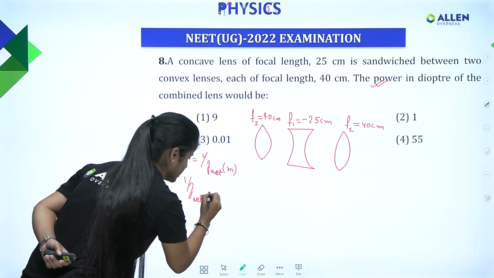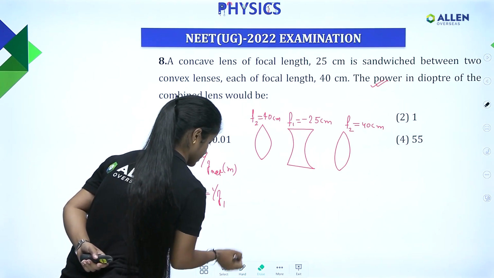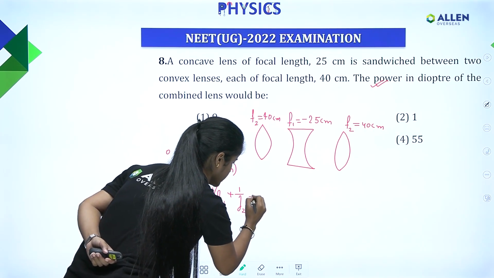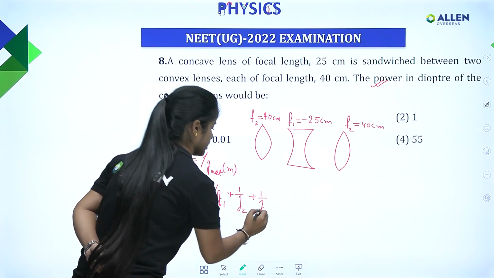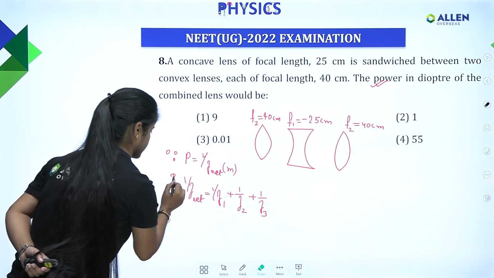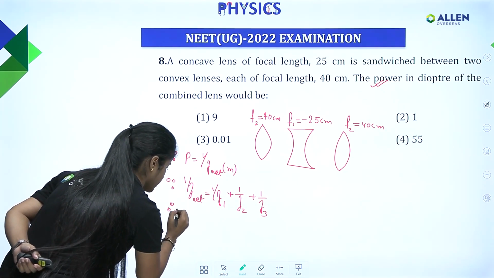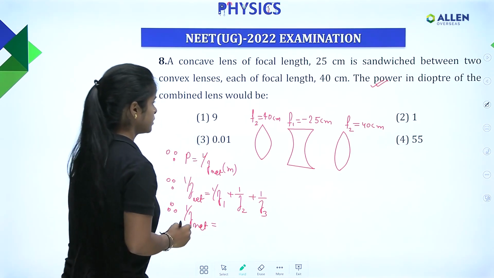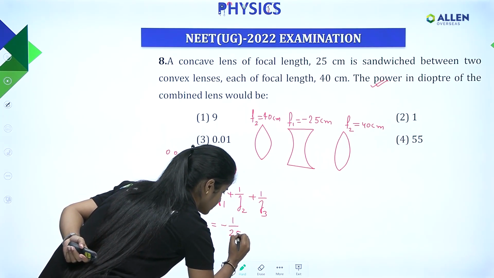1 by net focal length equals 1 by F1 plus 1 by F2 plus 1 by F3. This is the general formula, as it is known to everyone. Therefore, for this condition, 1 by F net equals, the value of F1 is minus 1 by 25, right?